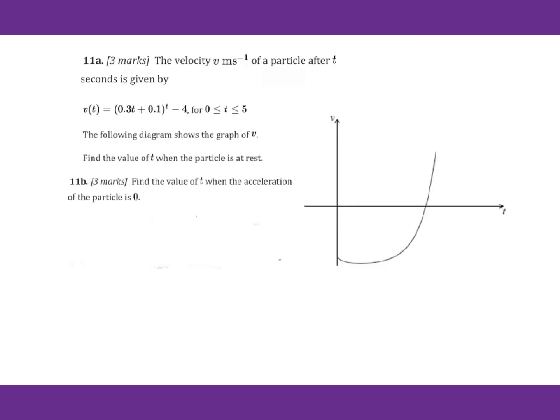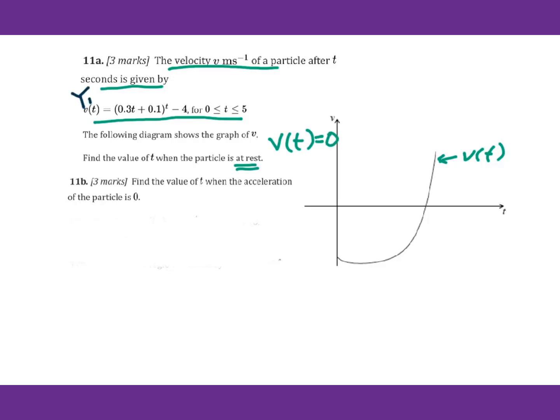Let's go to 11a. The velocity v of a particle after t seconds is given by this. The following diagram shows the graph of v. Find the value of t when the particle is at rest. At rest means velocity equals 0. So we put y1 equals this velocity function, then find the zeros of the function.